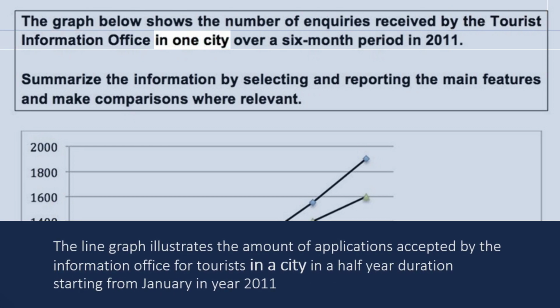Next, in 1 year. You may ask why I don't have to change the word city or in. The obvious reason may be that city is a generic word. So what does it mean? Generic words usually you don't have to change. It still means the same. You don't have to look for synonyms for that.